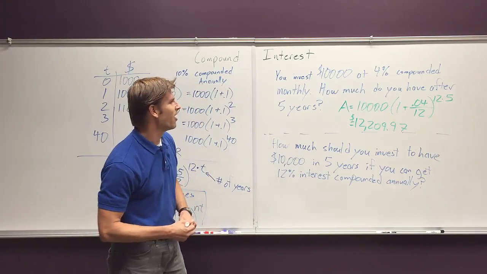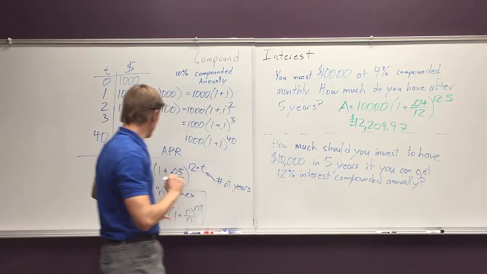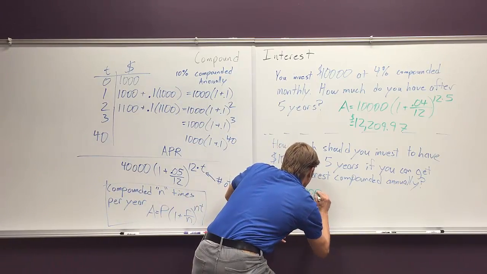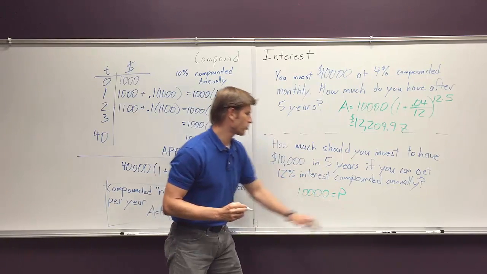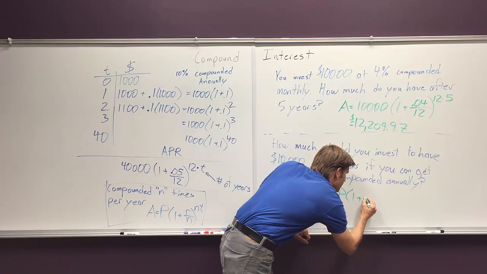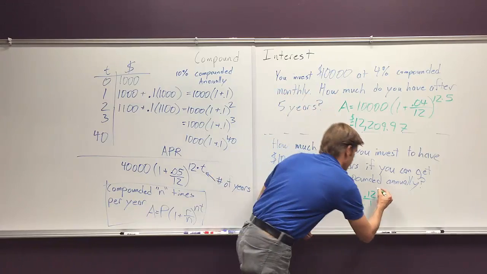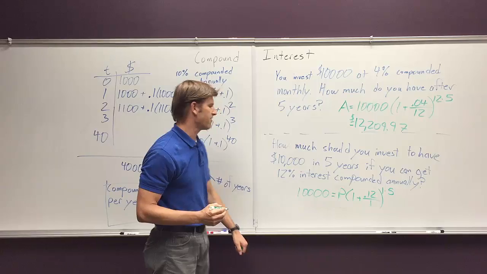That's a really good rate. Okay, so what we're going to have is we know A. We know the amount that we want to end up with. That's supposed to be $10,000. We don't know the principal. We don't know how much we have to invest now, but we do know that the rate is 12%. We know that it's going to be compounded once a year. And we know that we'd like to finish in 5 years.